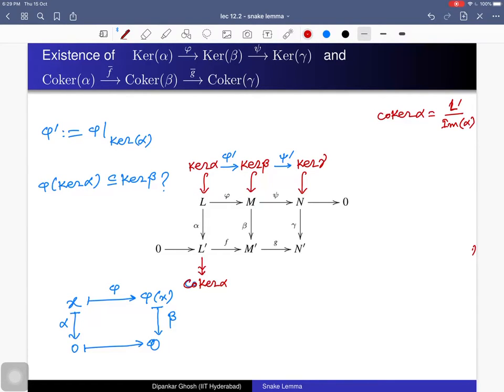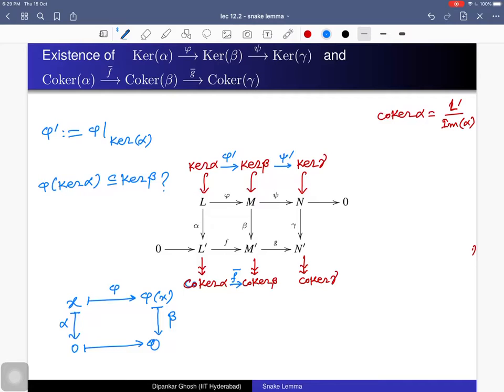In a similar way we have cokernel of beta from M prime, and from N prime we have cokernel of gamma. So how do we give a map from cokernel alpha to cokernel beta? We can denote it by F bar. It is induced by F.